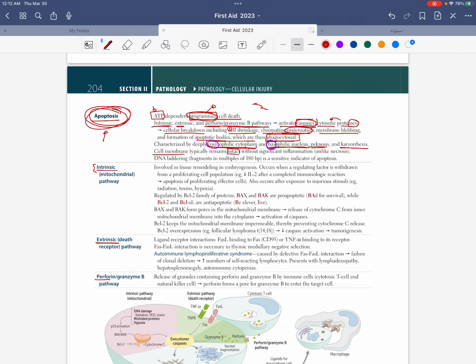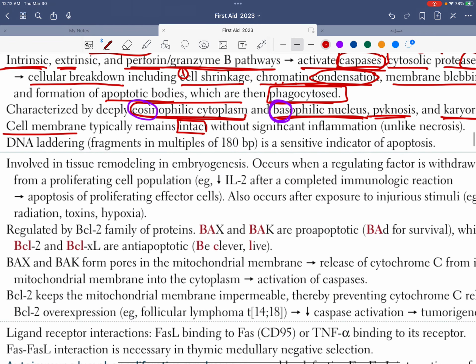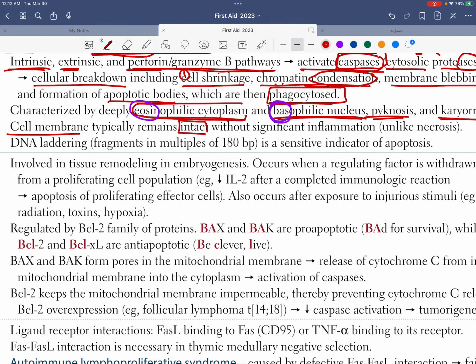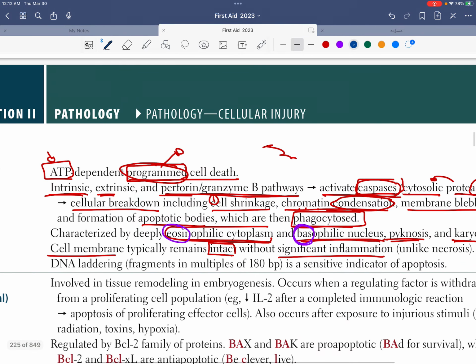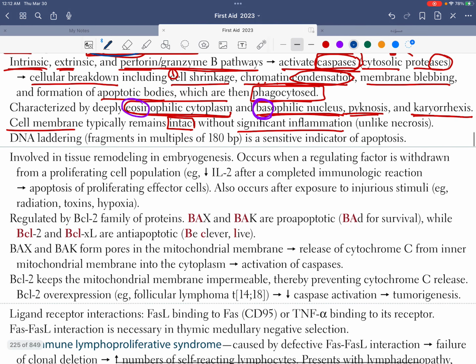It's programmed, so there should be some kind of cell membrane that contains the cellular debris without significant inflammation, because we already have programmed for that death. That's the main key point over here. It's programmed, unlike necrosis.